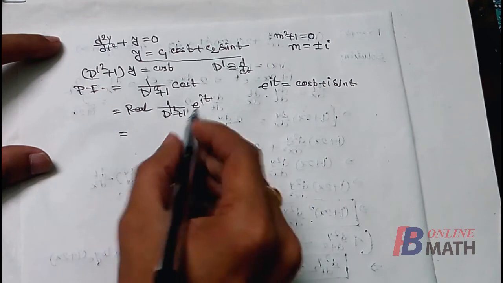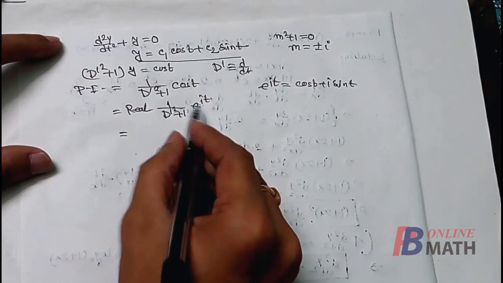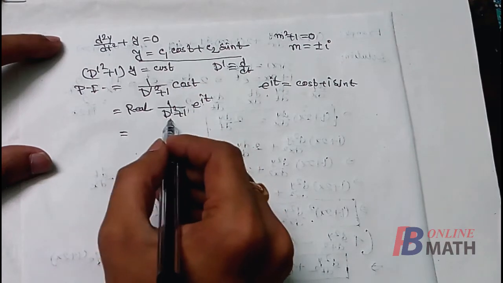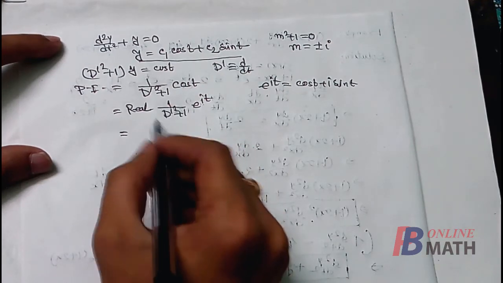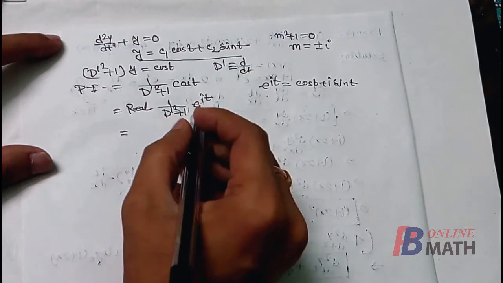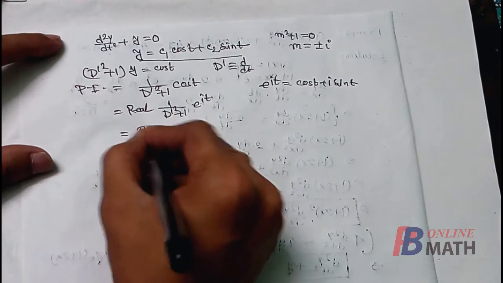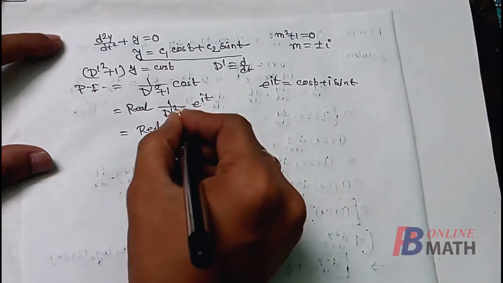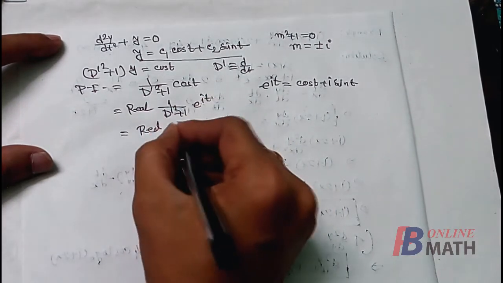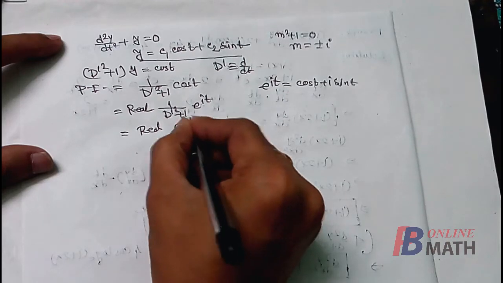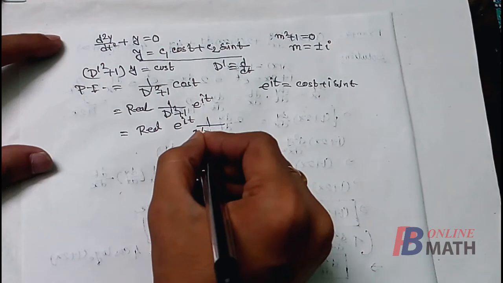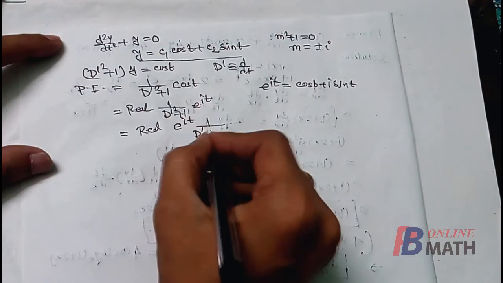Now by the rule we have to replace D' by i, but if we replace D' by i, then the denominator will be 0, so we can't replace i in place of D'. Therefore we shall apply this. If we apply this operator on e^(it), then we know that we have to replace D' by D' + i.